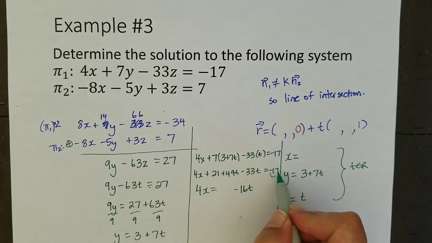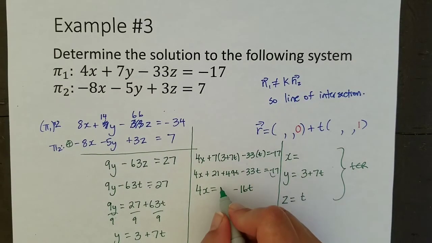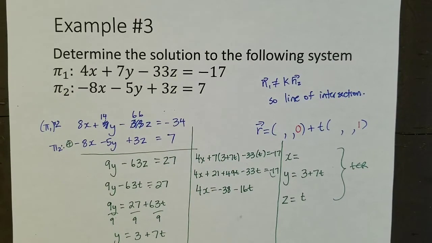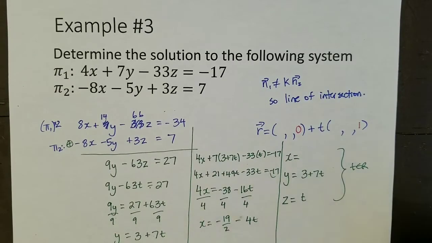And I've got negative 17 and then plus 21, so that will give me 4. Just skipping a bit of steps here. And then dividing by 4 across the board, we get x equals 1 minus 4t.